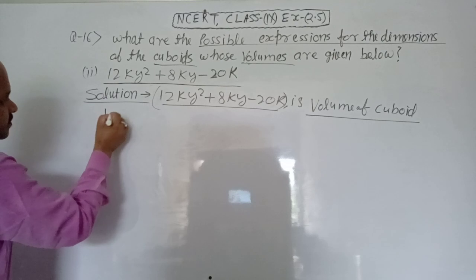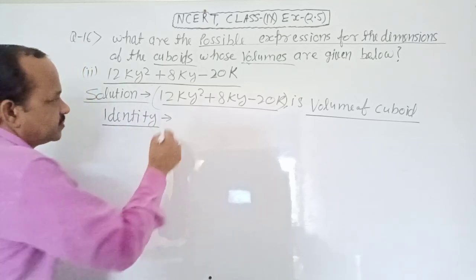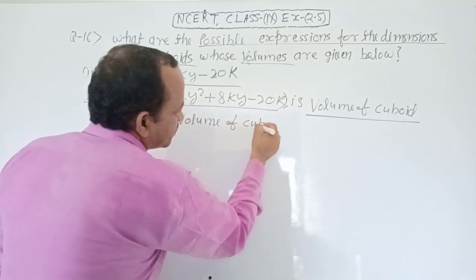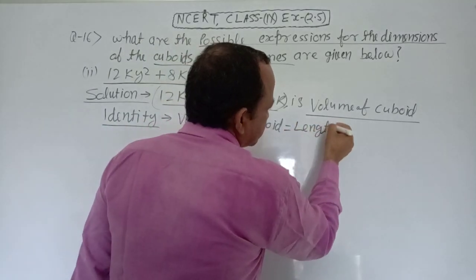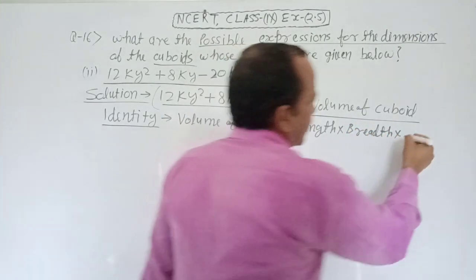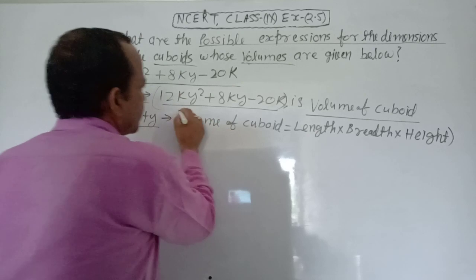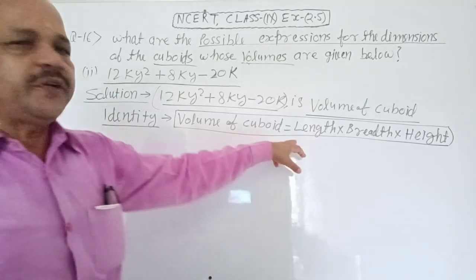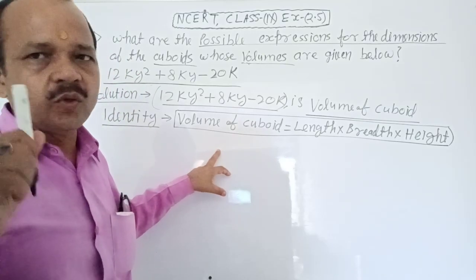The suitable identity: volume of cuboid equals length multiplied by breadth multiplied by height. It is the suitable identity. It is clear, no confusion about it.